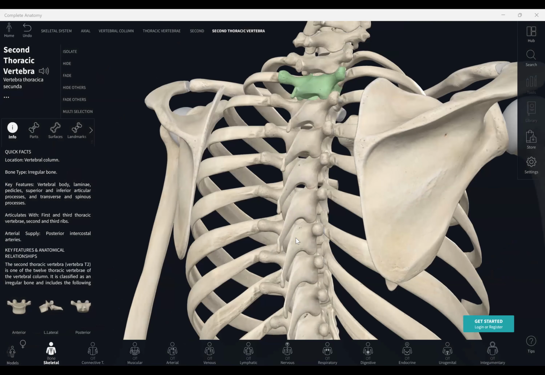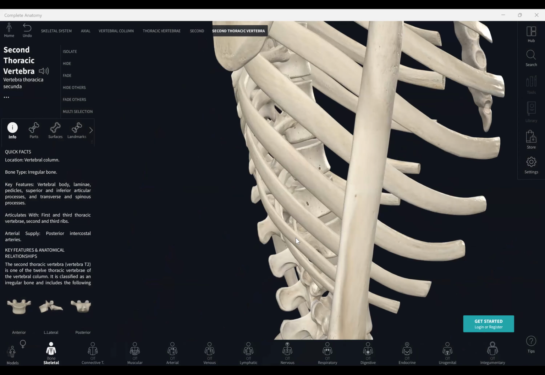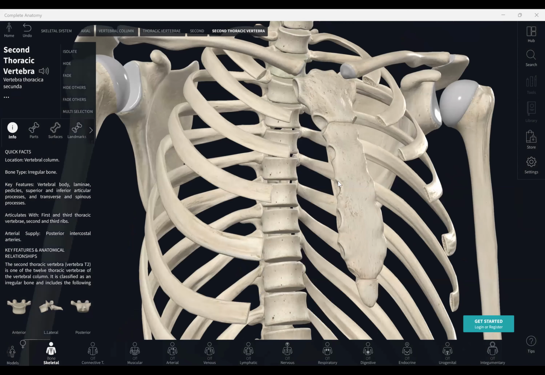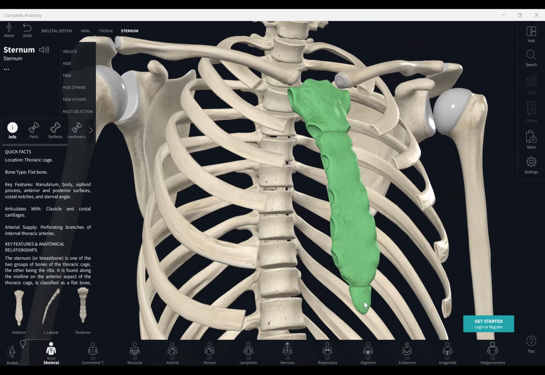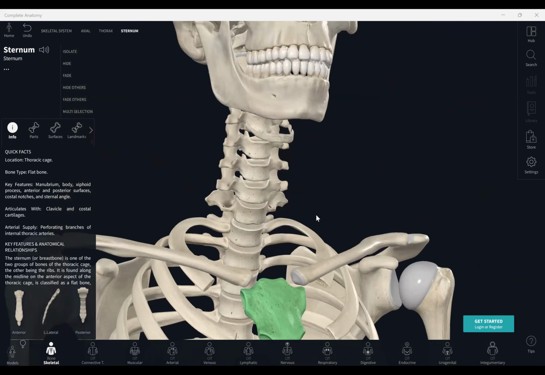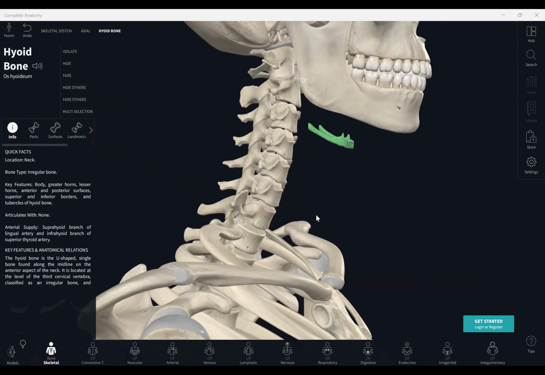Transverse processes, lumbar here, cervical. Here's the manubrium, body, and xiphoid process of the sternum. And you can see here it actually has a model of the hyoid, which we talked about last time. Here's the hyoid.